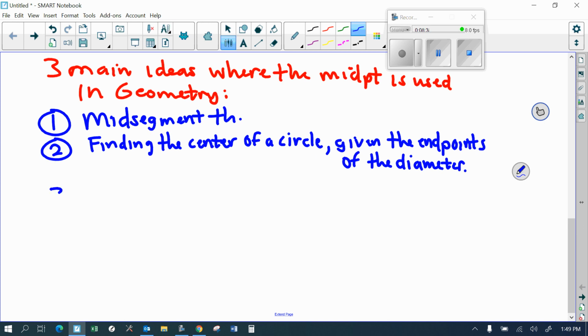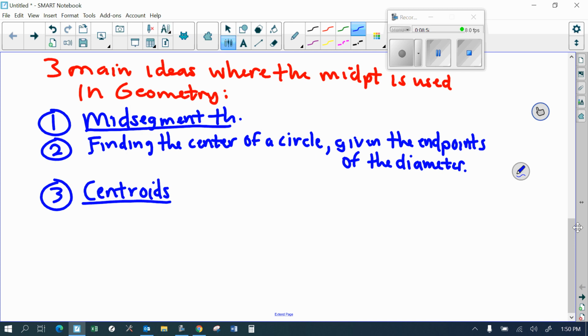Okay, and 3 is in centroids. And you are guaranteed to have a centroid problem and a mid-segment problem on it. Now, you're going to have multiple circle problems, but whether they give you this particular setup where they give you the endpoints of the diameter, I'm not sure, but that's a possibility.